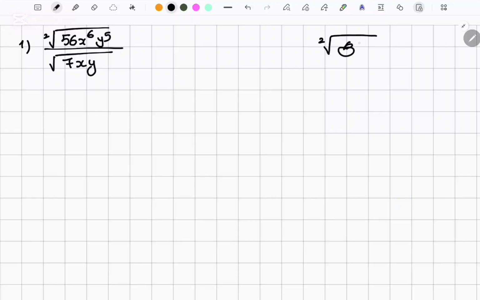The power is supposed to be something divisible by 2. So for example, if the power is 5, you can write it as apple to the power of 4 times apple, instead of writing it as 5, so that this part of the number can pay and come out of the radical. 4 divided by 2 is going to be 2. So apple to the power of 2 is going to come out, and the other apple is going to remain there for the rest of its life, unfortunately.